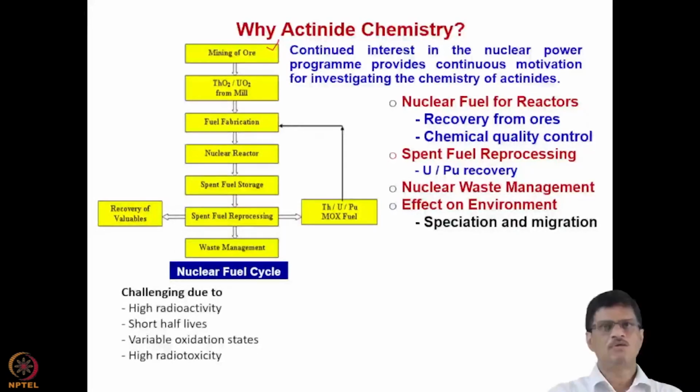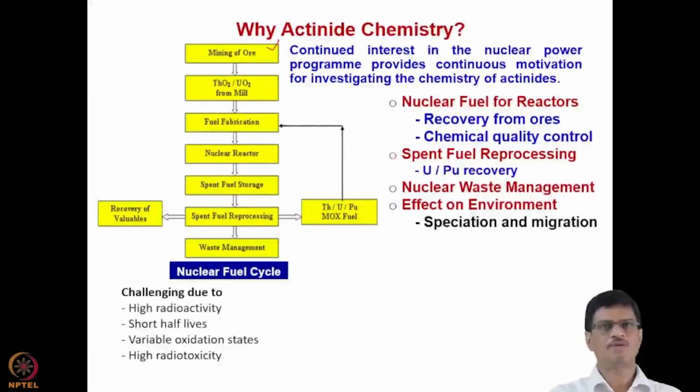Therefore, thorium dioxide and uranium dioxide are obtained from the mining and the milling operations. Then these compounds, like the oxides of thorium and uranium, are given for fuel fabrication. In some cases, if you need enriched uranium, then enrichment is also one of the steps before the fuel fabrication.